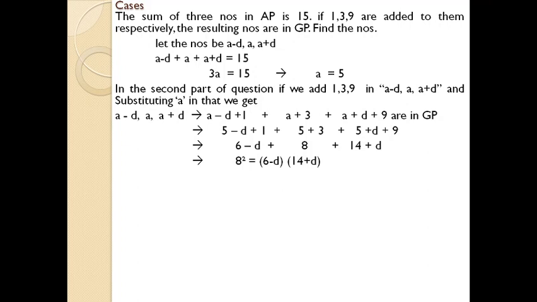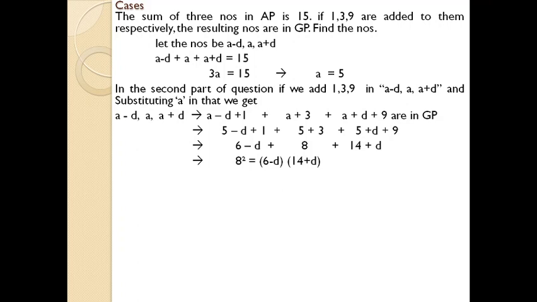Whenever a series is in geometric progression, if we multiply the first number and the third number, as per the example we are imagining, 2, 4, 8, that is 2 and 8, you will get 16. The product of the first and third numbers will always be the square of the second number.